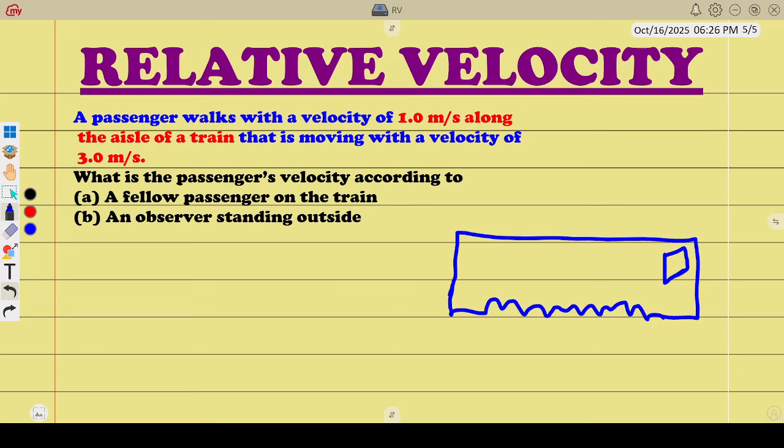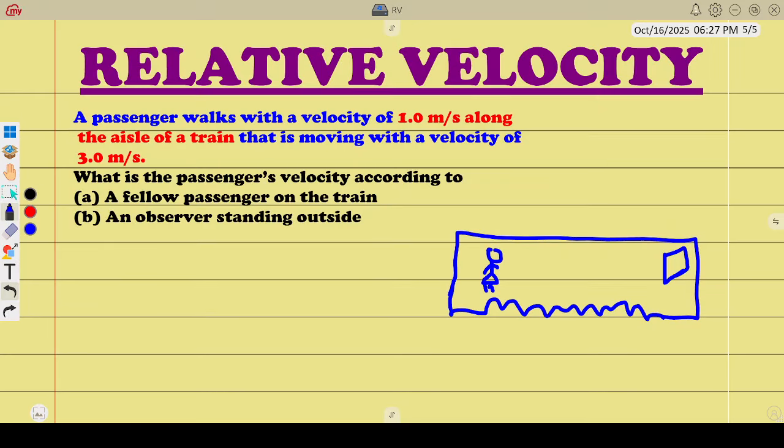So we have a train like that, and then we have Maureen. I hope Maureen will not feel upset, she's also in the lesson. Maureen is moving at a speed of 1 meter per second.